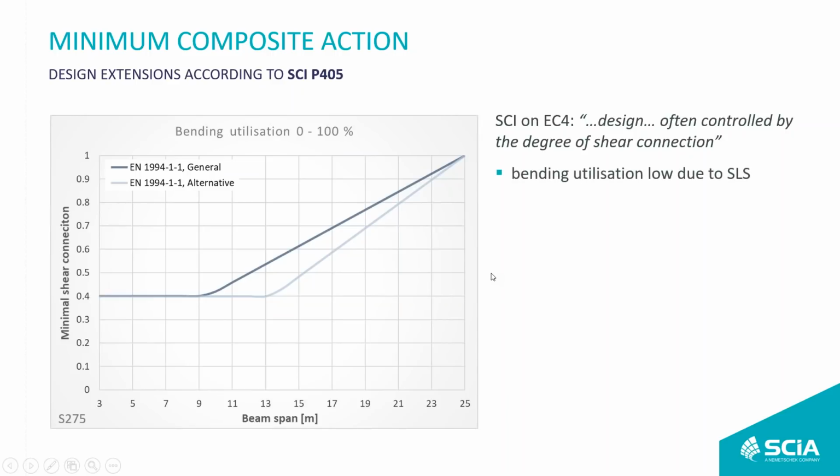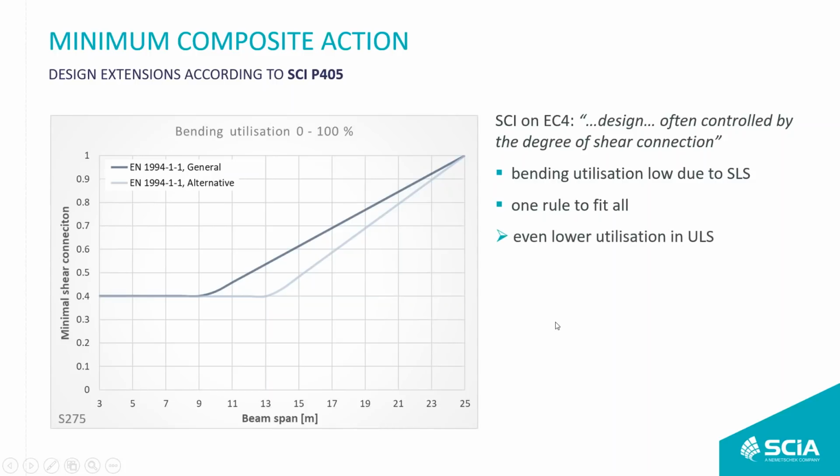And so in reality, the bending utilization of the beam is not always at 100% due to, for example, SLS limitations. And the fact that we have one rule for all cases, so this is one formula that is depending on the beam span and the steel grade, makes it also more conservative in many cases.